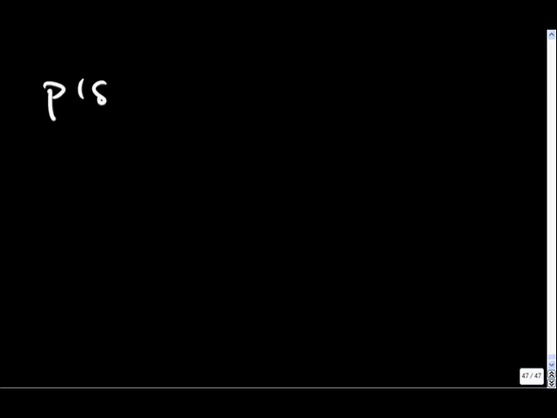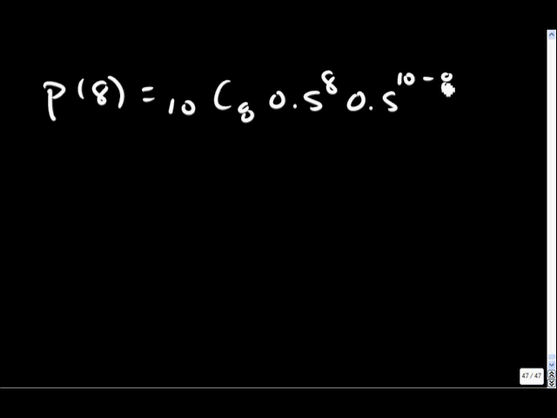P of 8 is 10C8, 0.5 to the 8th power, 0.5 to the 10 minus 8. Notice this comes from the complement of p. This is a probability of guessing correct.